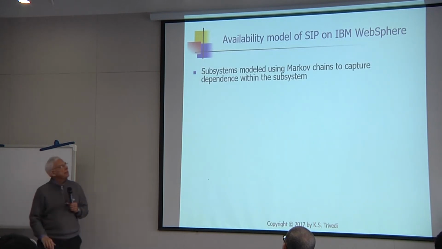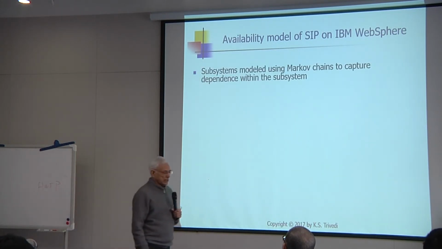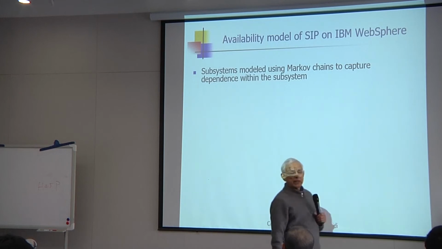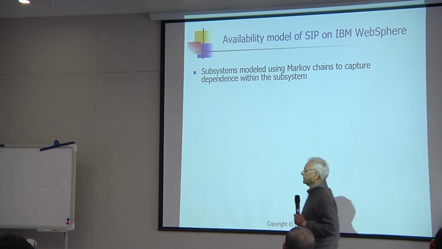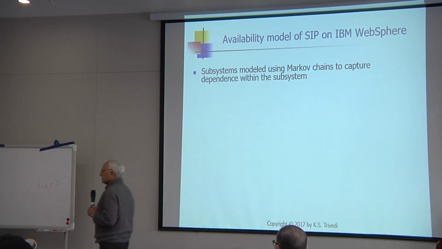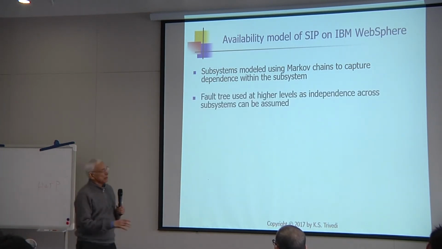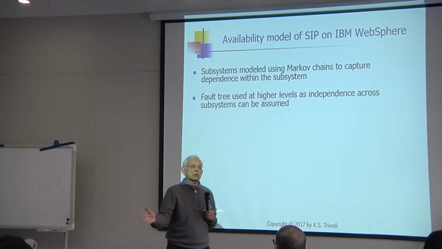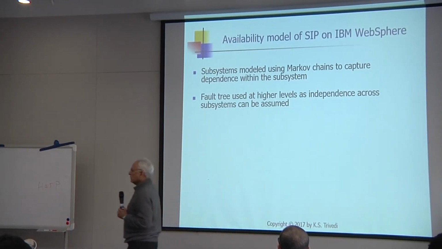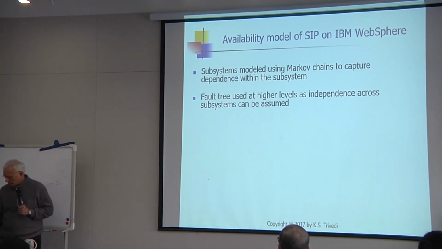Now, each subsystem was modeled using a Markov chain to capture dependencies within a subsystem. And the overall system was modeled as a fault tree because independence can be nearly assumed across subsystems. Because of this, we were able to solve the problem.